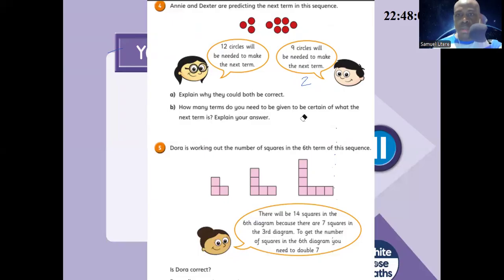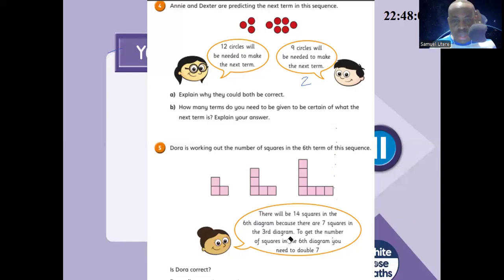All right. The next one. Dora is working out the number of squares in the 6th term of this sequence. Dora says there will be 14 squares in the 6th term because there are 7 squares in the 3rd diagram.